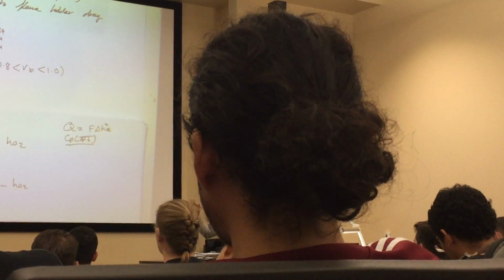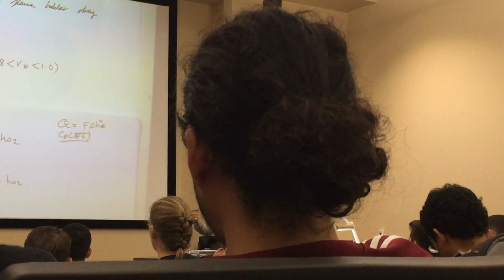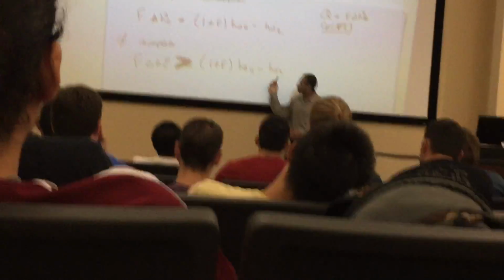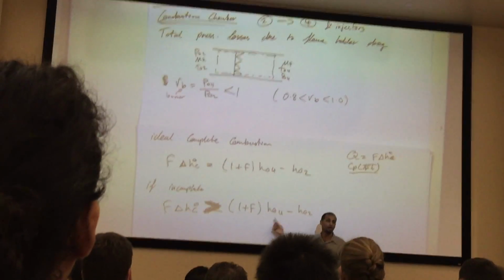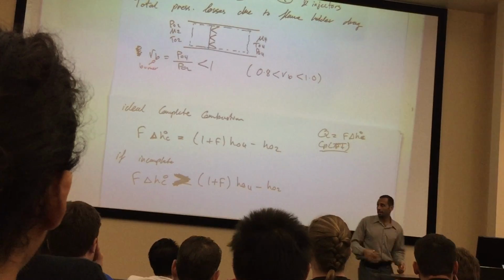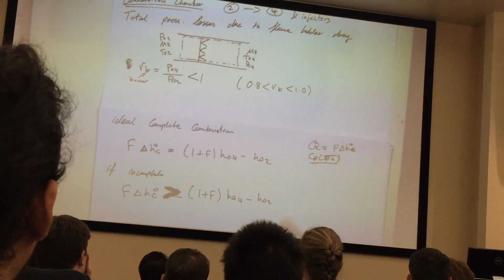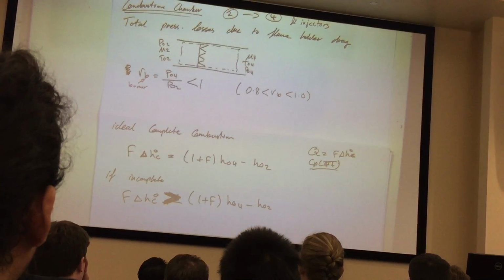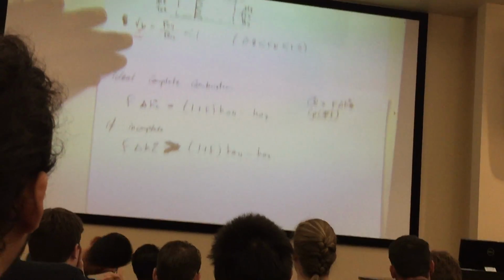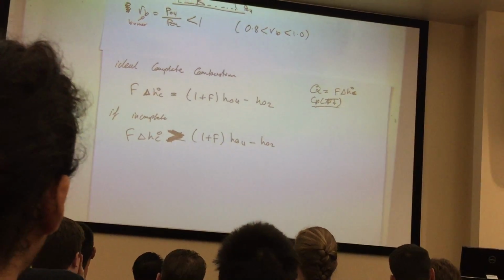So it's moving really, really fast inside, and you need to mix and burn at the same time that whole fuel and air. That doesn't happen. You don't get this situation. You always get this situation where you're not producing enough heat from the combustor itself. And again, this is another area of active research to determine how much are you burning and how can you improve it through the fluid dynamics that you have within the engine, mixing and so forth.